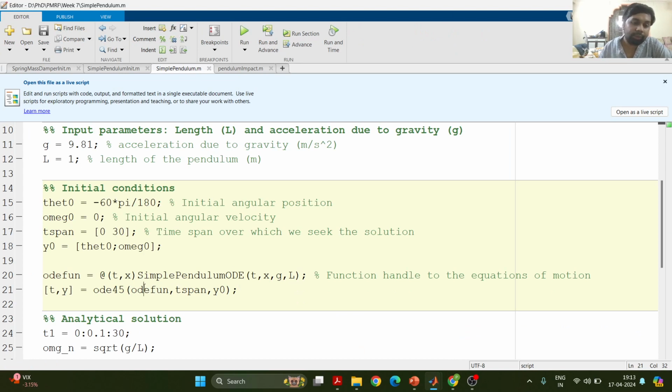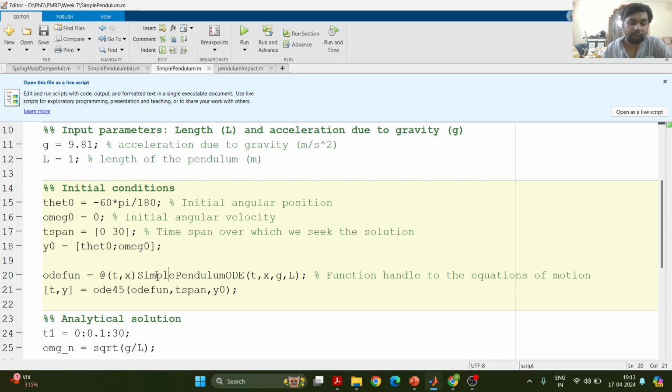Then we define this function. Here we are creating a function handle. A function handle is basically an object which points towards the function.